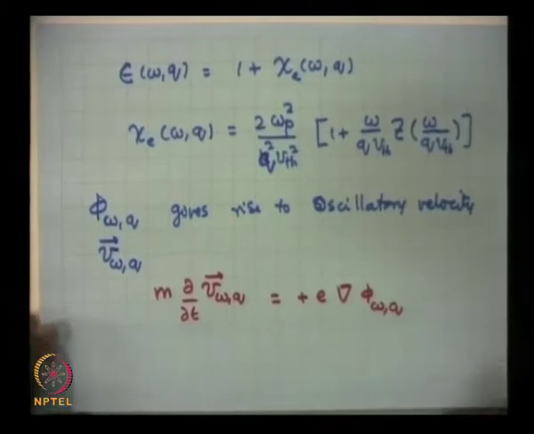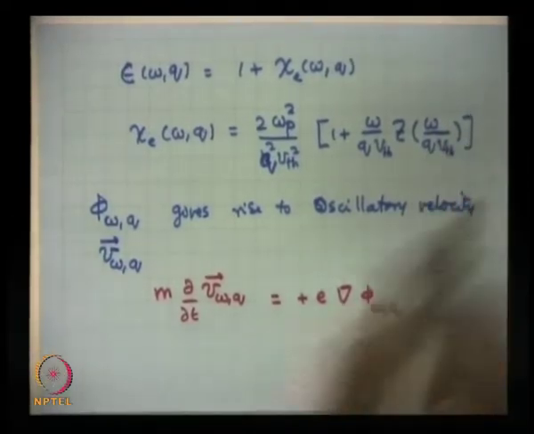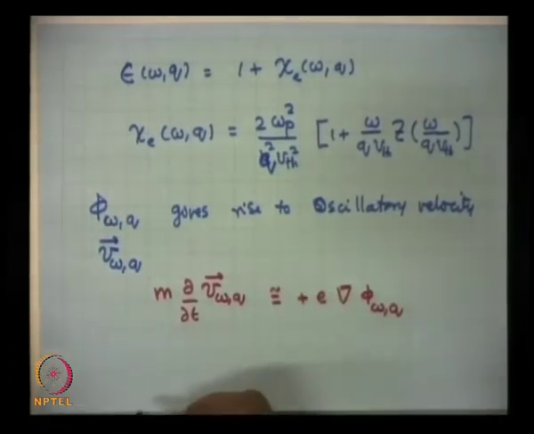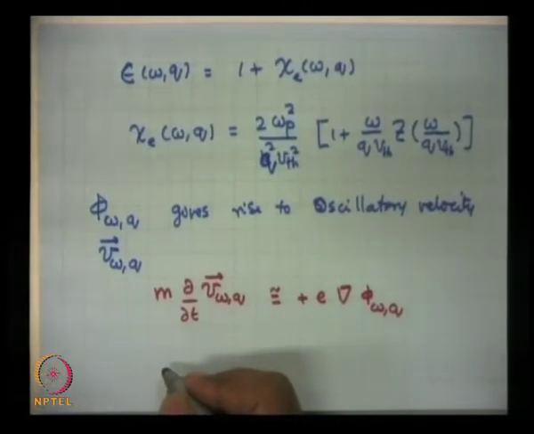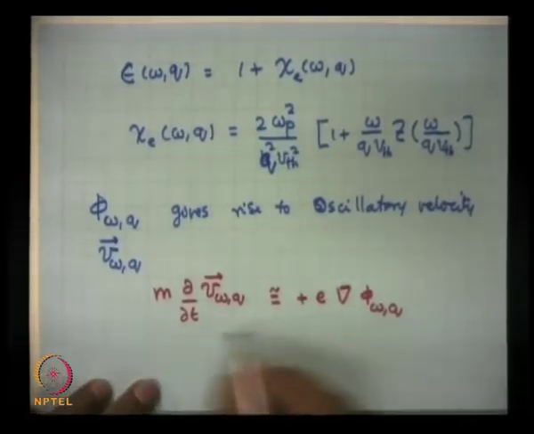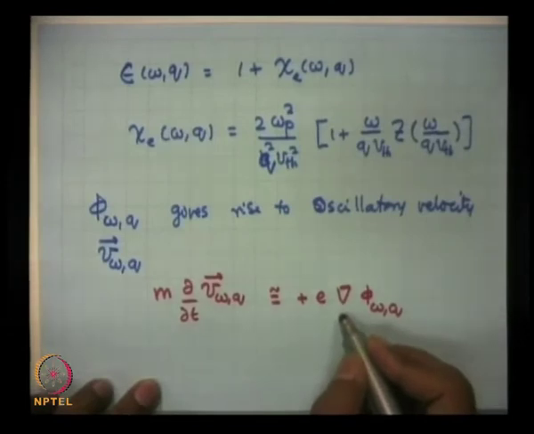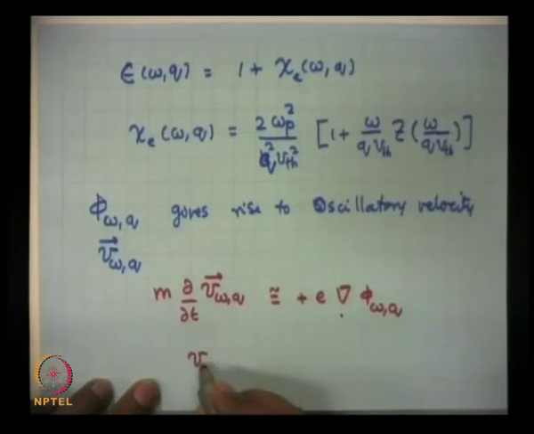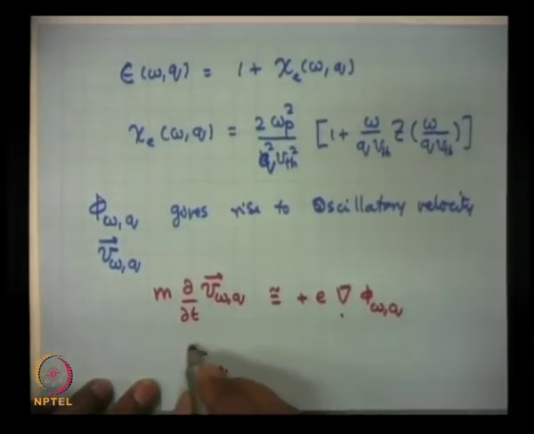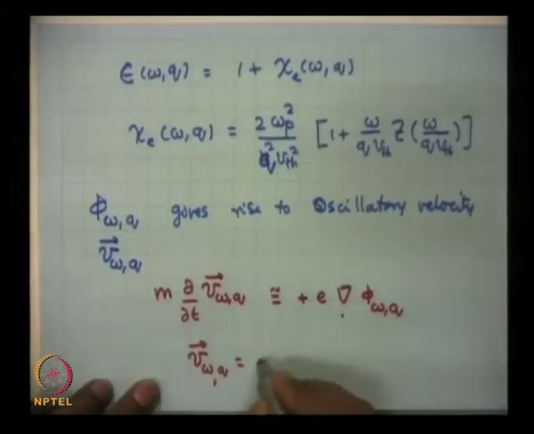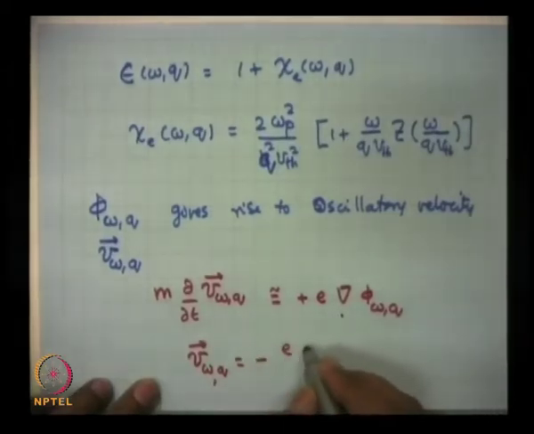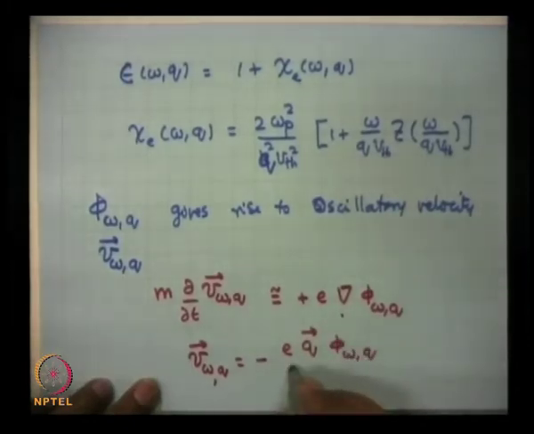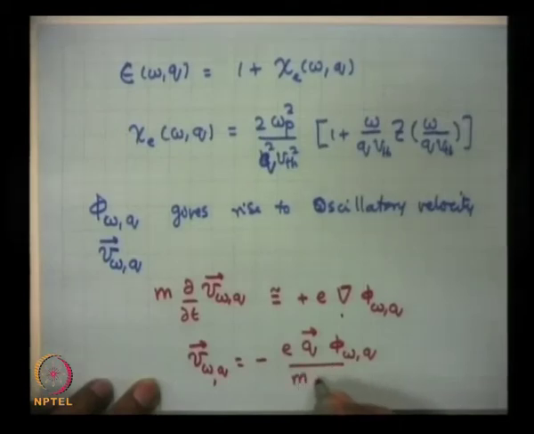But if omega upon q V thermal is significantly greater than 1, I can still approximately solve the equation of motion, and the result is quite accurate. So, in that limit you simplify this by replacing this by i q and this by minus i omega, and you will get v omega q is equal to minus e q phi omega q upon m omega.